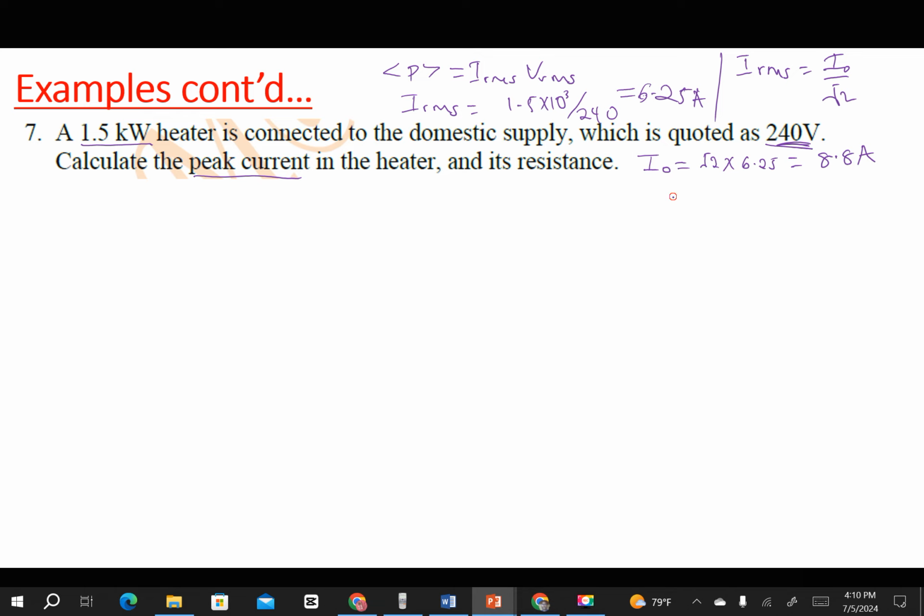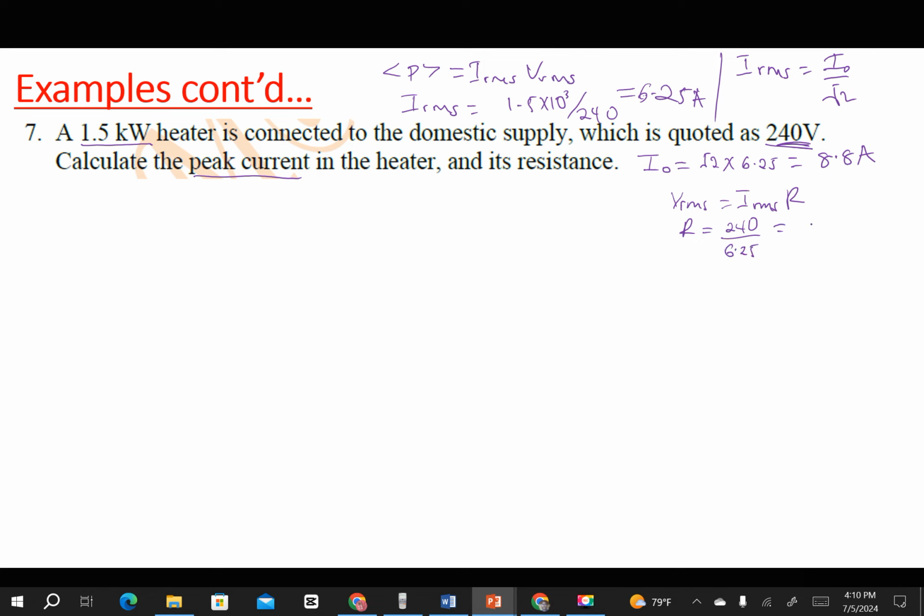V root mean square is equal to I root mean square times the resistance, which means the resistance is V root mean square, which is 240, divided by I root mean square, which is 6.25.